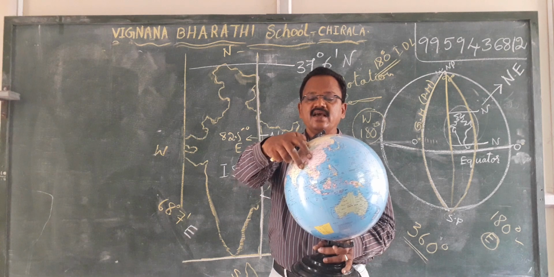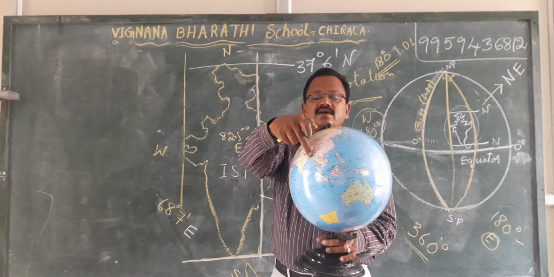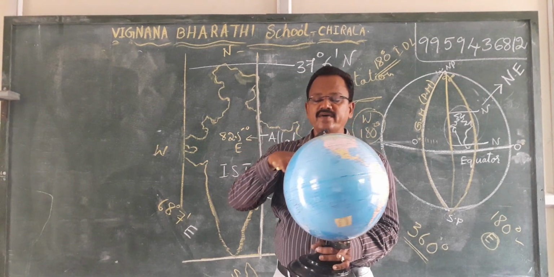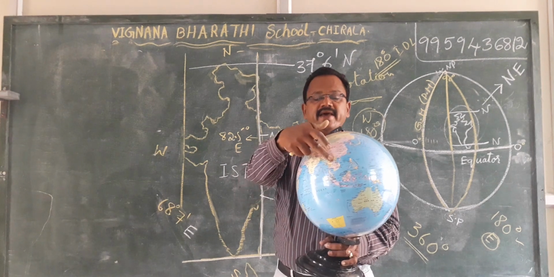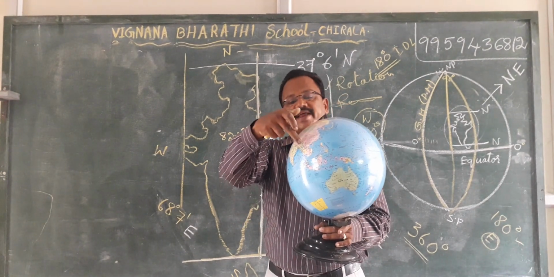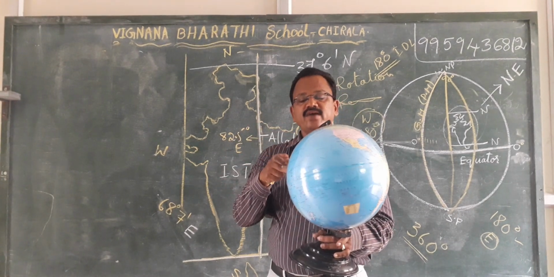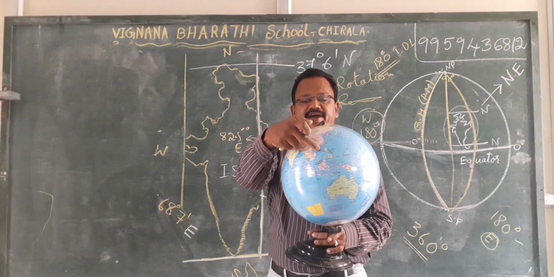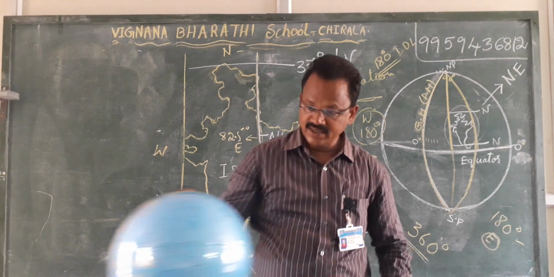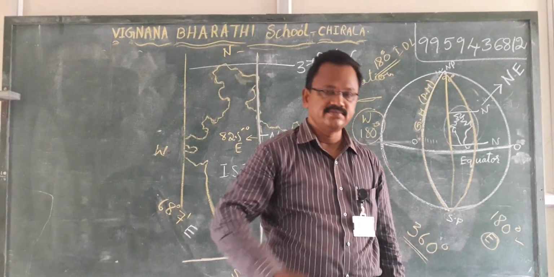It takes 24 hours to reach the same area again. So, for each rotation, all the places usually take 24 hours to reach the same location on the earth. So 24 hours is the time duration for one rotation, that is said to be 1 day.